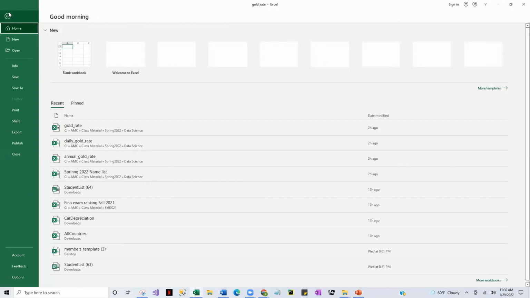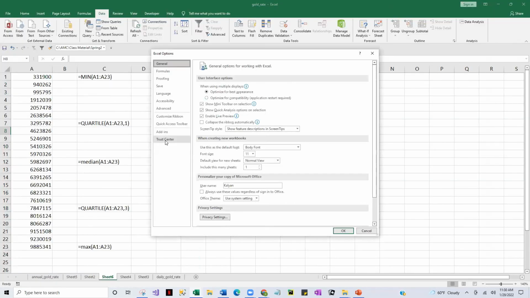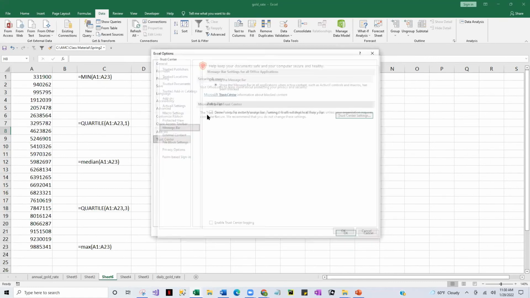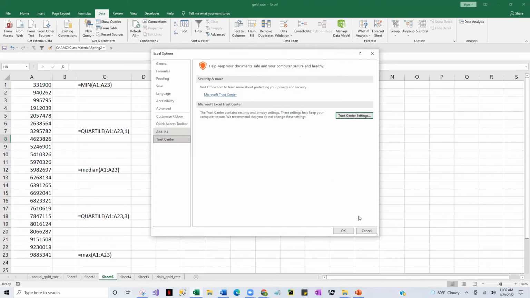What you need to do is go to File, Options, and you need to make sure it is there in your Trust Center. No, not in Trust Center. I believe it is in add-ins.